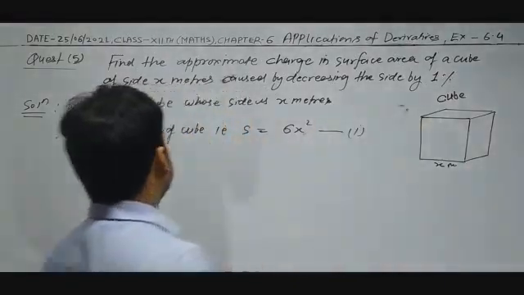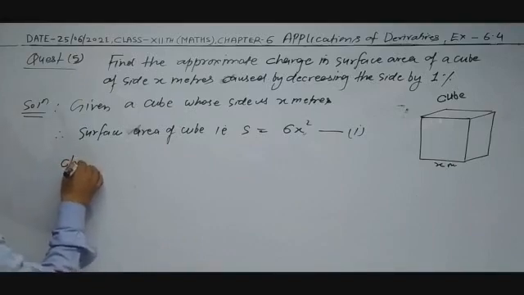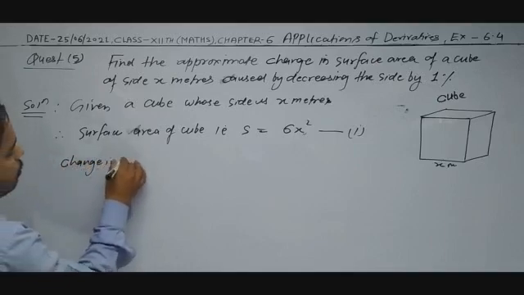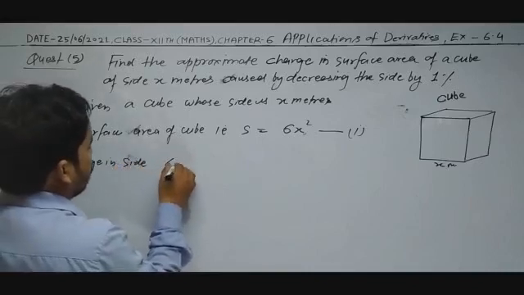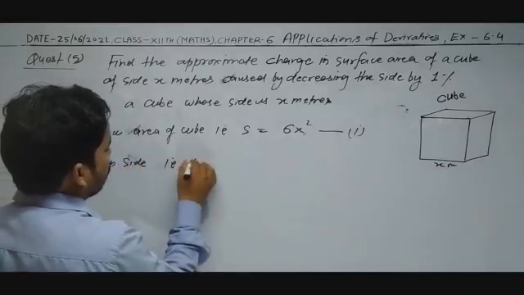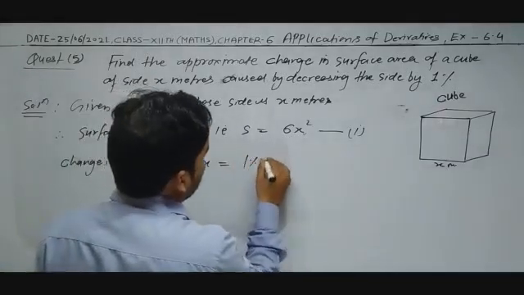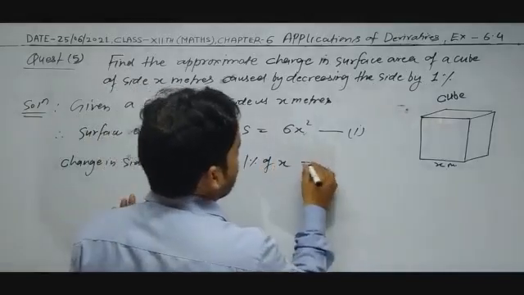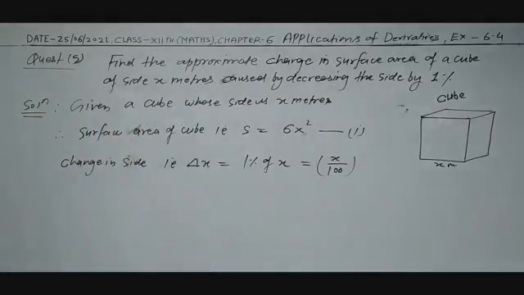So now, the side is decreasing by 1%. So change in x, or change in side, that is del x, is equal to 1% of x. This is x by 100. This is the change in x.